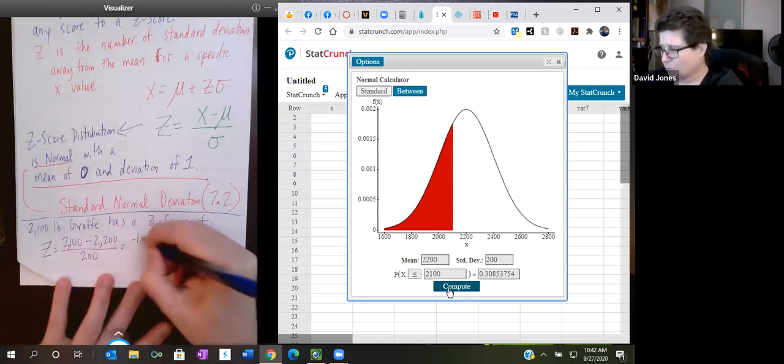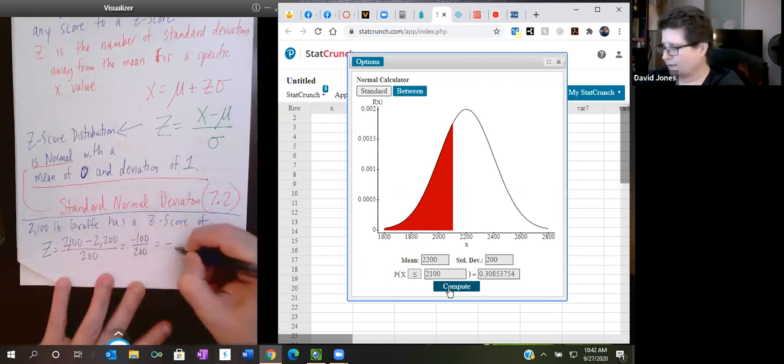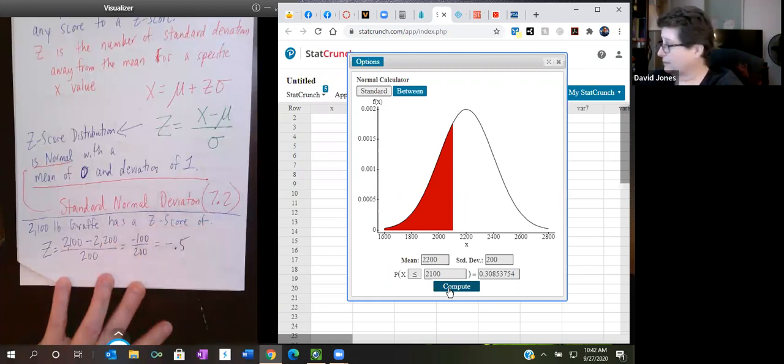This is negative 100 over 200, or negative 0.5 when you calculate it. Negative 0.5 or negative 1/2.